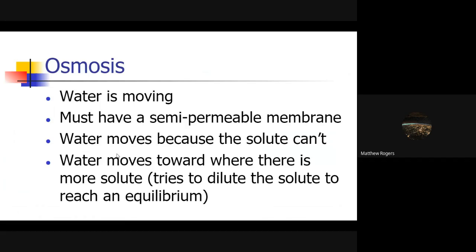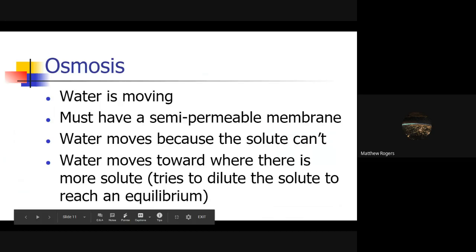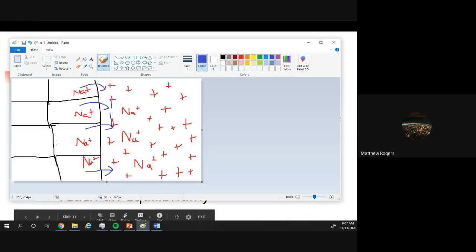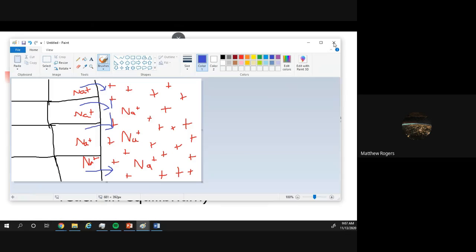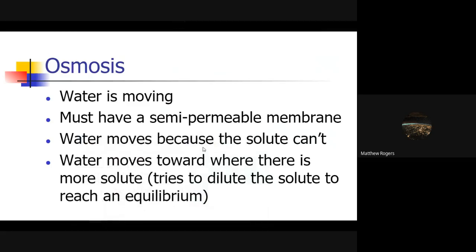And the water moves most of the time, like we just showed in the picture, not because its balance is off, but because the solute balance is off and the solute can't move. And a lot of times it's the charged particles that do that. In this example that I showed you guys, it was the positives that were thrown off, and water wanted to fix it, wanted to be the fixer of this situation.